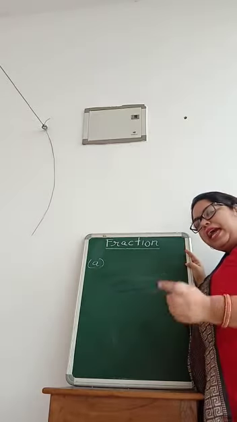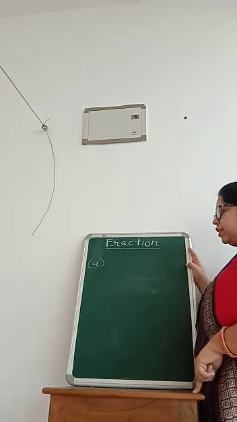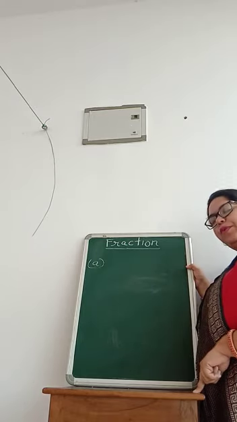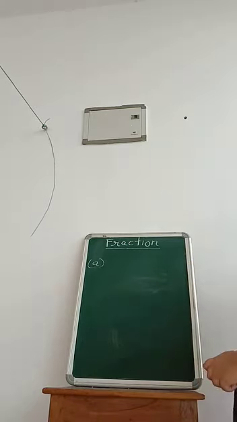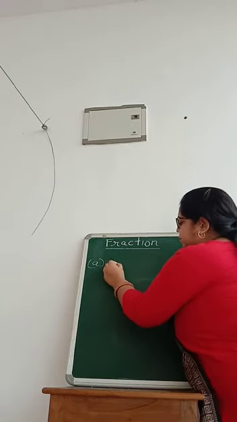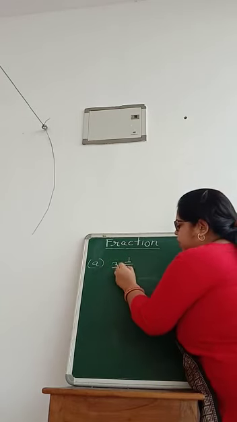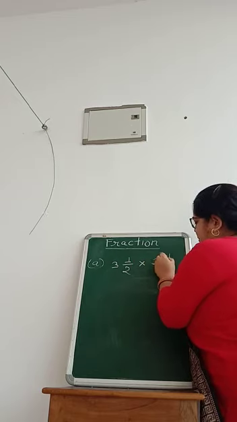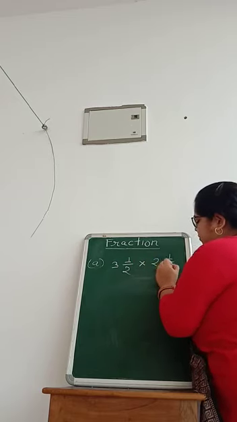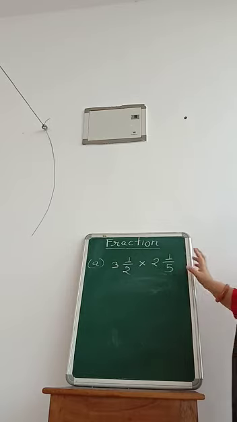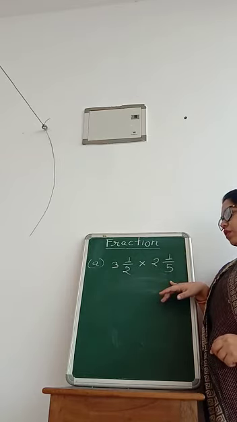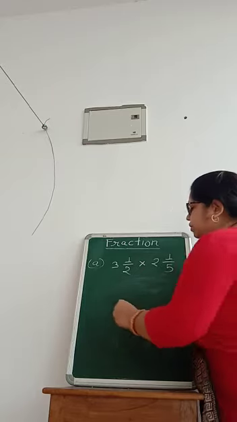We will take another example of mixed fractions. This is multiplication of a mixed fraction into a mixed fraction. Suppose 3 1 by 2 into 2 1 by 5. These are two mixed fractions.